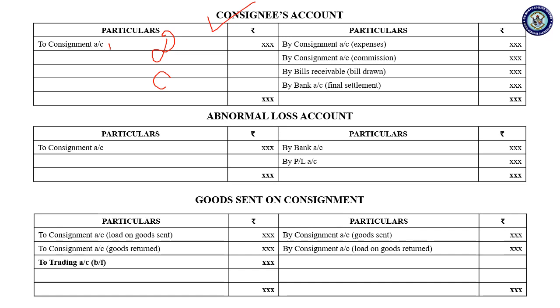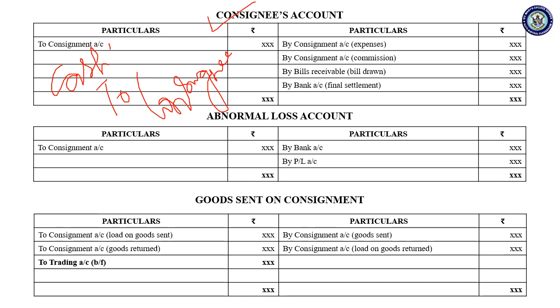Now when you sell the goods, the consignee will receive the money. Now what do we have to do? The consignee has to return the money back to the consignor. So what is the journal entry? Cash account debit to consignee. Why consignee? Because now the money is with the consignee, so we need to return the money. So what is the journal entry?